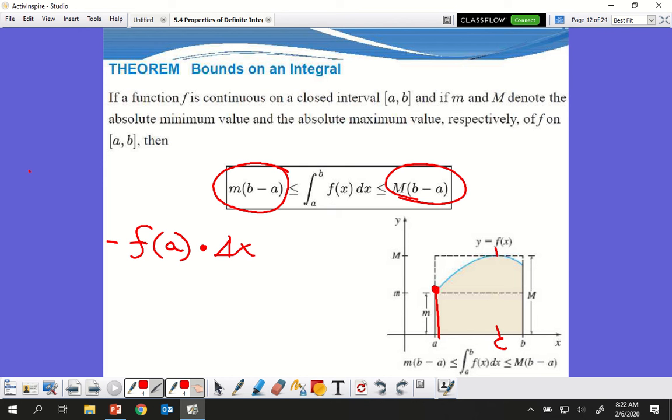So this is my lowercase m, and the max, capital M, would be f of C, since that's the highest point, f of C times delta x. Does that make sense? From b to a is going to give me how far those are apart.